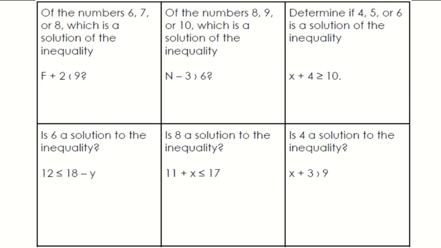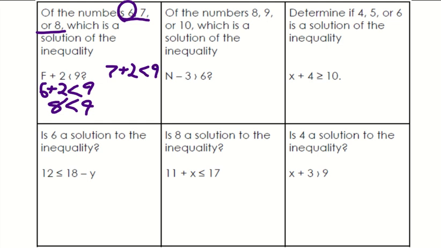On page 135, go ahead and try those. I'll show you on the first one, like on the top left there, when it gives you a set of numbers, all you're doing is putting them in and seeing which one works. So if I do 6 plus 2, less than 9, that's 8 is less than 9. That means 6 works. If I did 7, that's 7 plus 2 is less than 9. That gives you 9 less than 9. 7 doesn't work. Same idea with 8. That would give me 10.